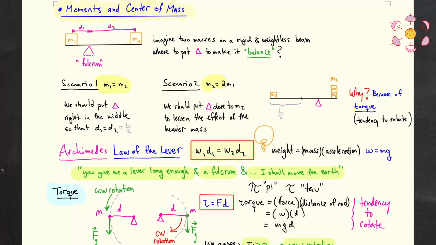Okay, that makes sense. If the second mass is twice the first mass, I can think of basically having two stacks of boxes on the right. And the idea is, well, putting the fulcrum in the original halfway point is not going to work anymore because you intuitively know that the two boxes are heavier than the other one.